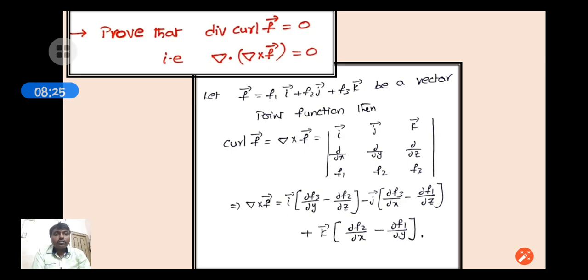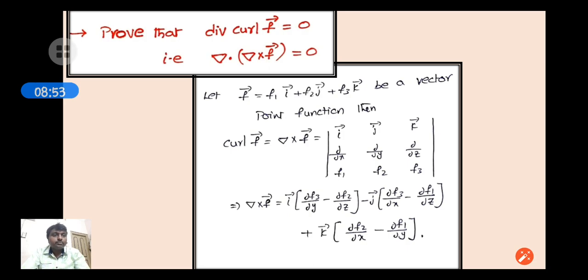For this, first I take the vector point function f bar. Let f bar be equal to f1 i bar plus f2 j bar plus f3 k bar, a vector point function. For this vector point function, I first calculate curl f bar.